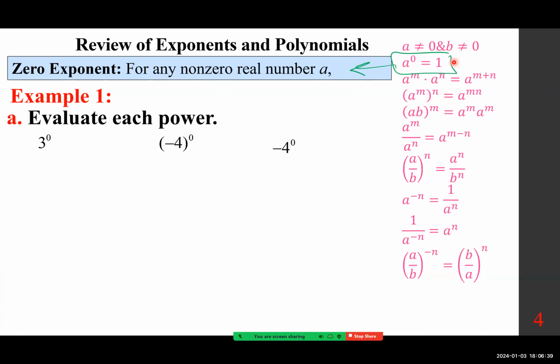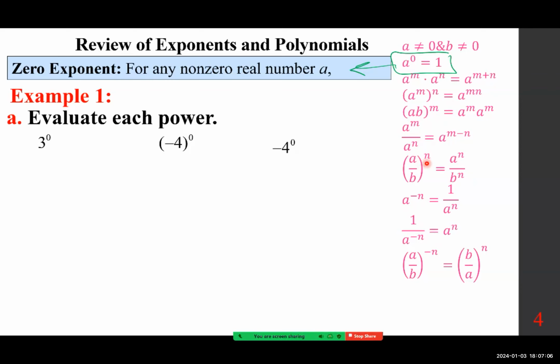A to the power of 0 is 1. A to the power of m times a to the power of n is a to the power of m plus n. This is the product rule. This is the power rule: a to the power of m, to the power of n, you multiply these two. ab to the power of m, you raise each one to the power of m. A to the power of m over a to the power of n is a to the power of m minus n, called the quotient rule.